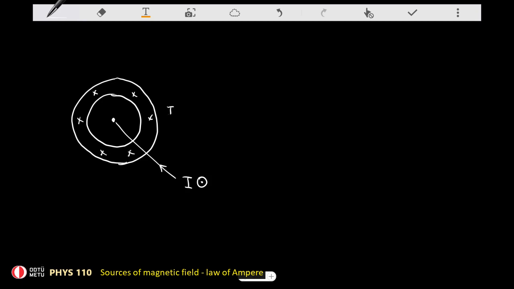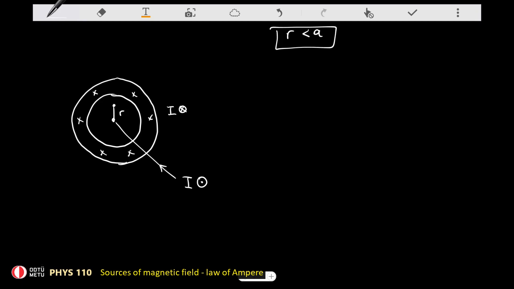So that's also I, but the current is going into the screen. Right. So I'm going to look at a point, let's just forget about these parts, with a radial distance from the center which is less than the inner radius of the shell. So we are talking about a point somewhere in here.